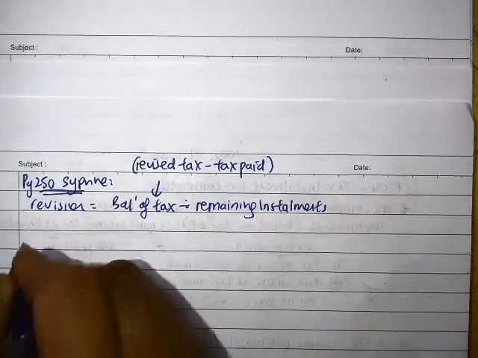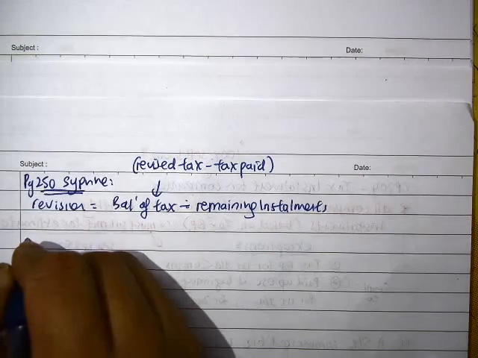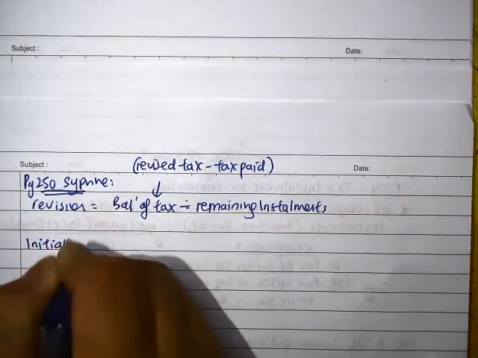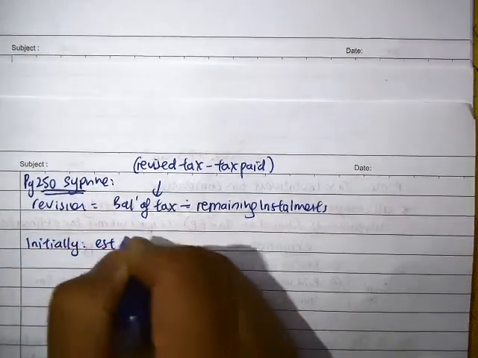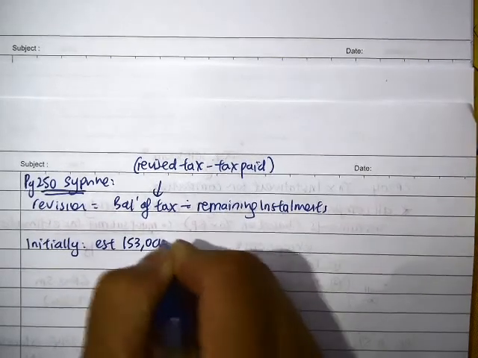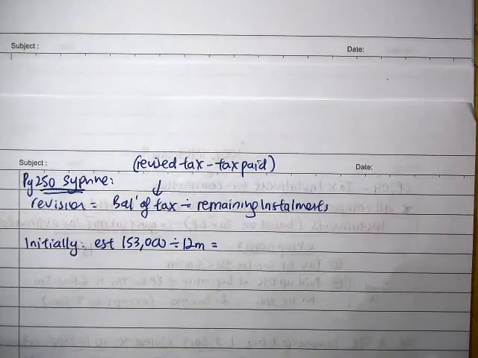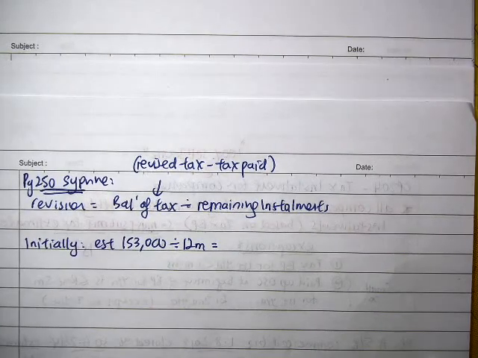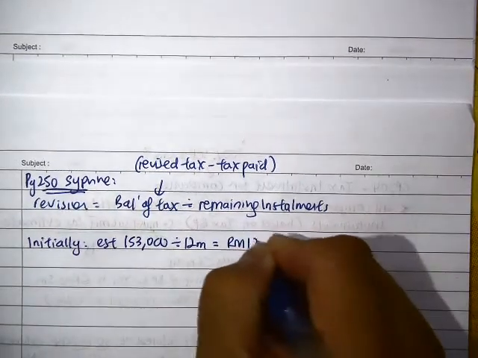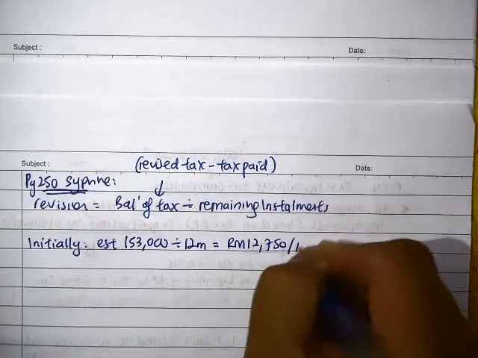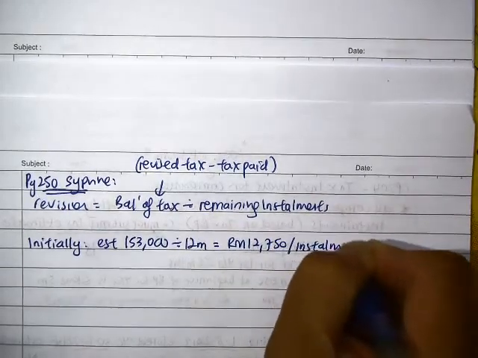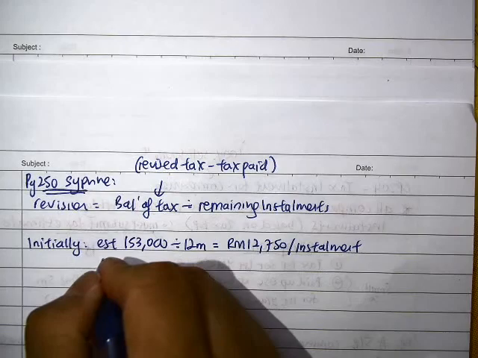Okay, so initially the estimate was 153 divided by 12 months, which means 12,750 per installment.